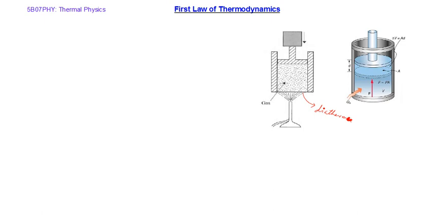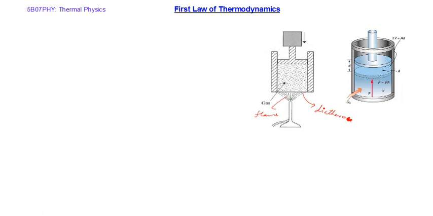So as shown in the figure here, the gas is in thermal contact with a flame which is at a higher temperature. So the flame is at a higher temperature, hence heat can enter the system. At the same time, the gas is compressed by the piston, means some work is done on the system.